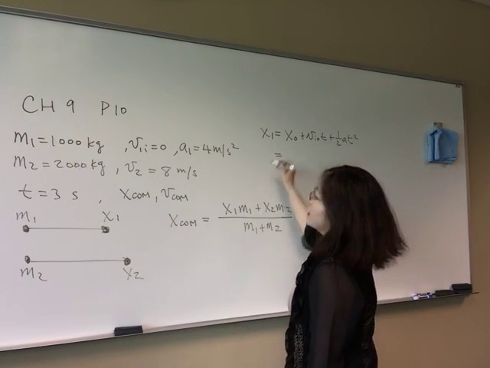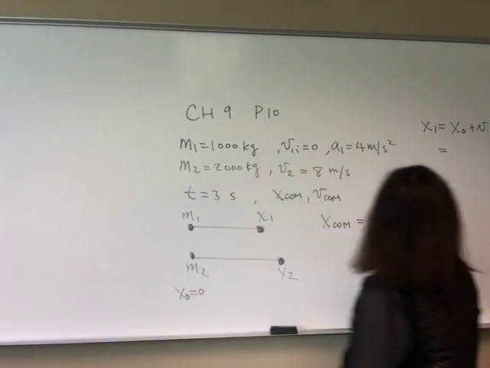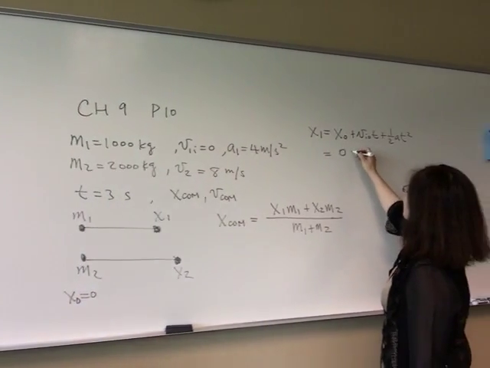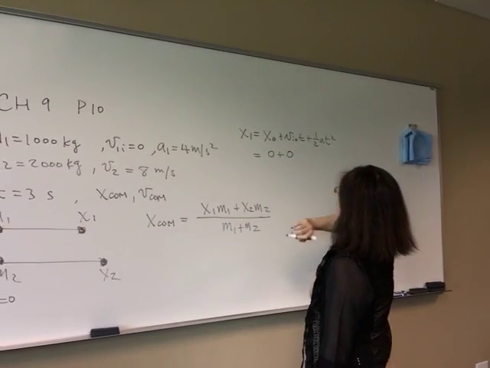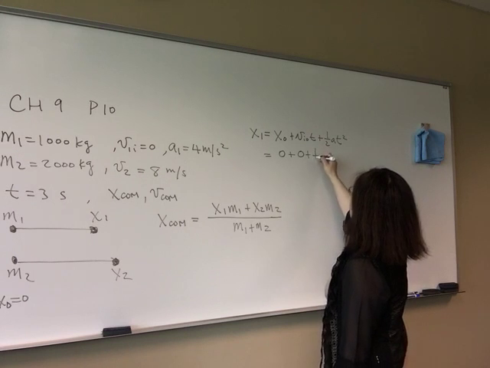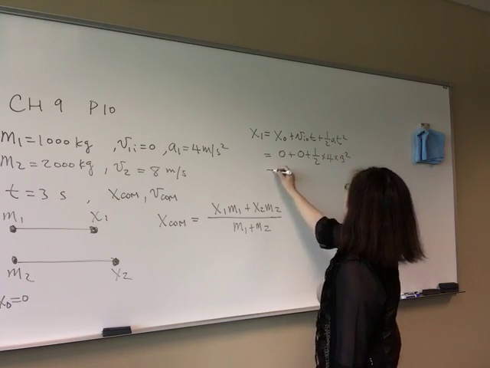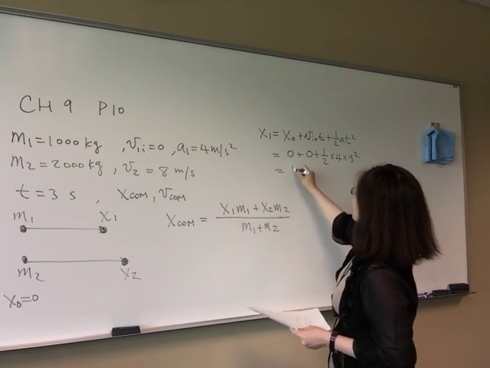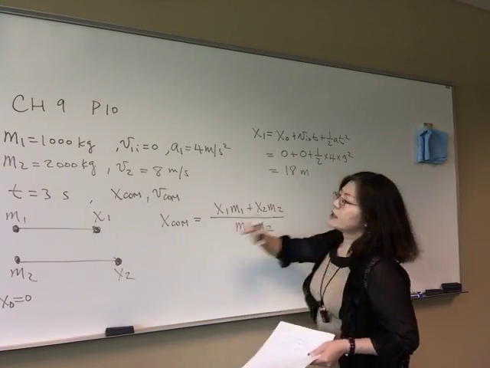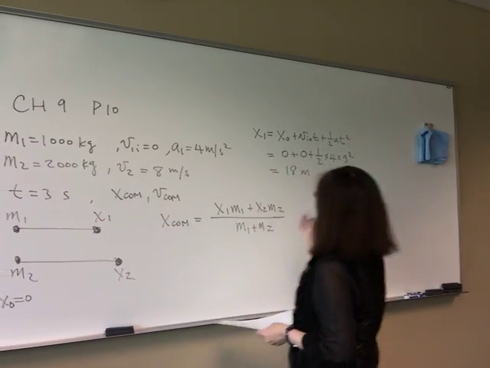If we call x0 zero, the first term does not contribute, and the initial velocity for car 1 is 0, so you don't have to worry about that. Then plus 1/2 times the acceleration and the time, which are given. So x1 is 18 meters. At time equal to 3 seconds, it is located at 18 meters.